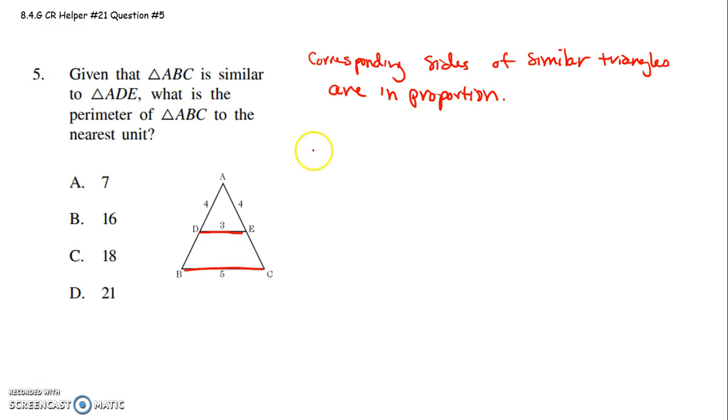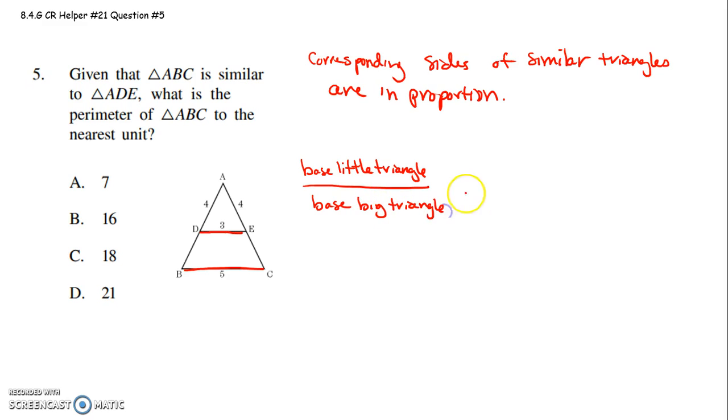I'm going to call those the base of my little to the base of my big. Okay. So if I do base of little triangle, I can compare that to the base of my big triangle.